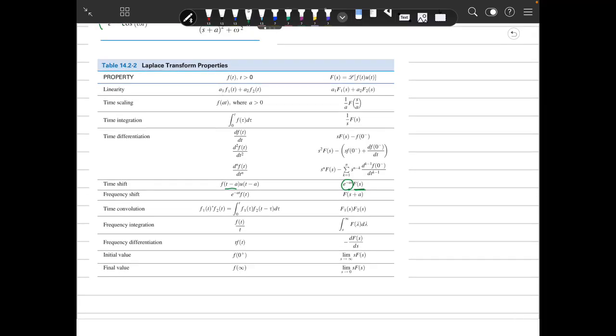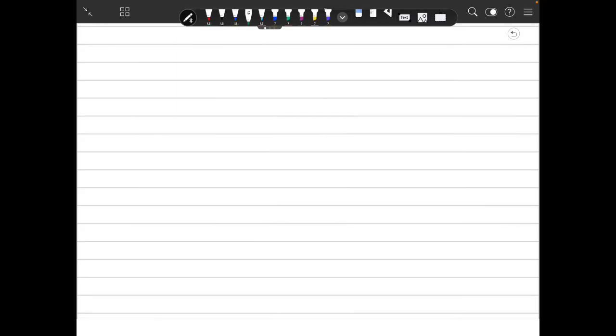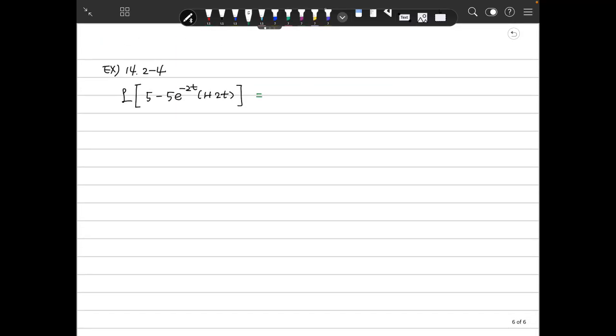Because of that, Laplace of a f1(t) plus b f2(t) is a F1(s) plus b F2(s). You can use it. Then it is the same as Laplace of 5 minus Laplace of 5 exponential minus 2t times (1 plus 2t).